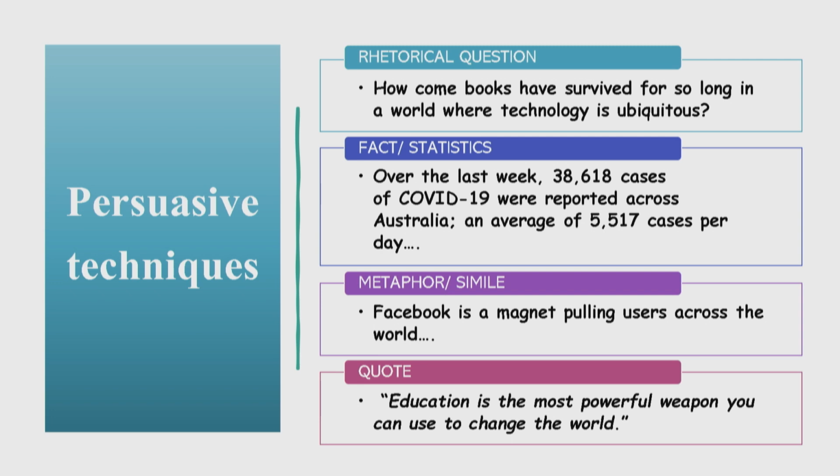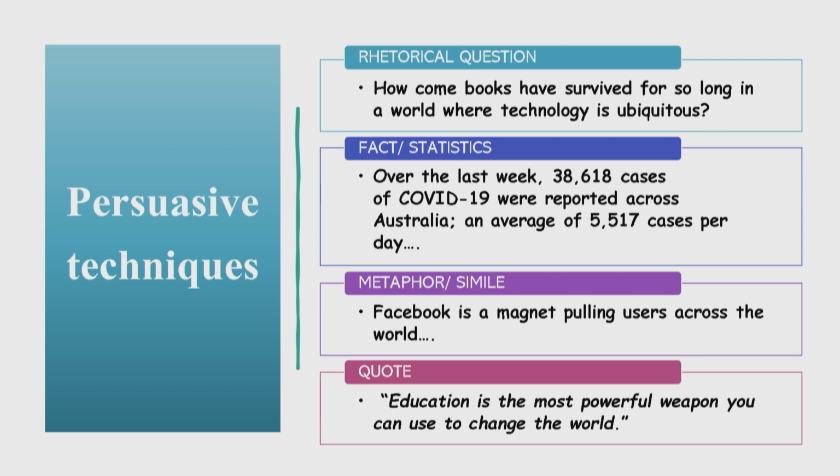Or you could use facts or statistics. Over the last week, 38,618 cases of COVID-19 were reported across Australia, an average of 5,517 cases per day. You could also use a metaphor or simile.